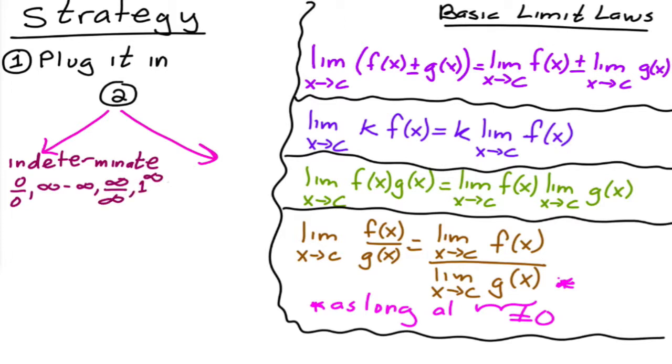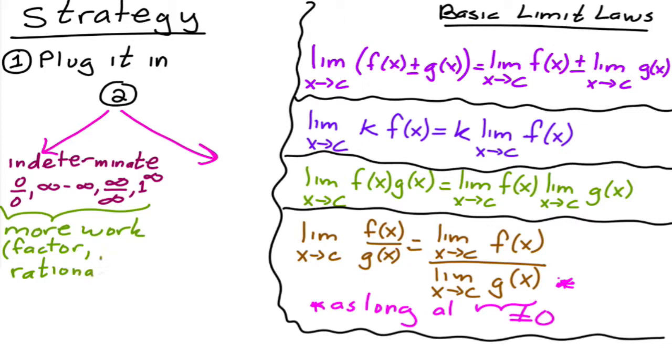So there are several indeterminate forms. Now, if this happens, then you do some more work. So you're going to do some algebra. You're going to maybe factor, maybe rationalize, etc.